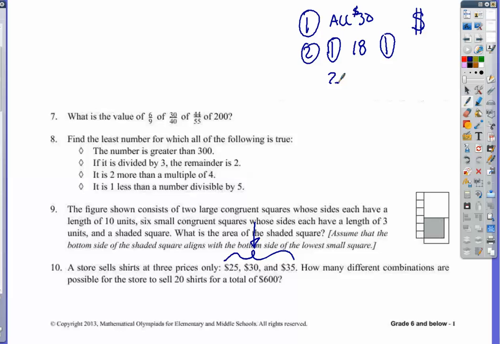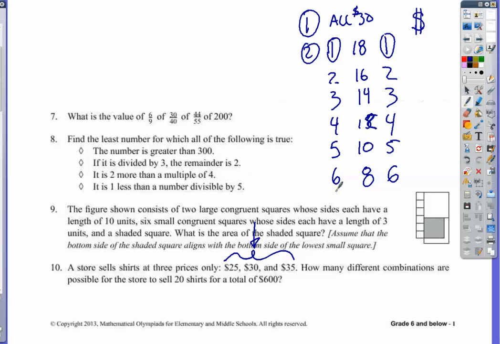So then I can do 2, 16, 2, 3, 14, 3, 4, 12, 4, 5, 10, 5, 6, 8, 6, 7, 6, 7, 8, 4, 8, and I could have 9, 2, 9, and finally 10, 0, 10.